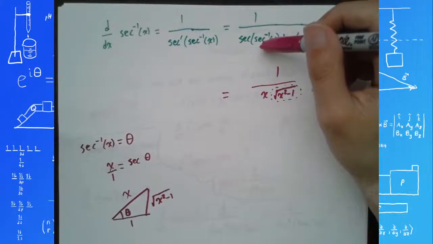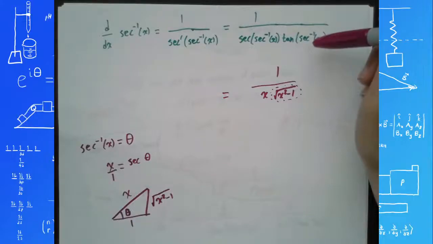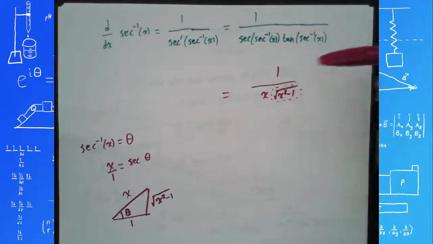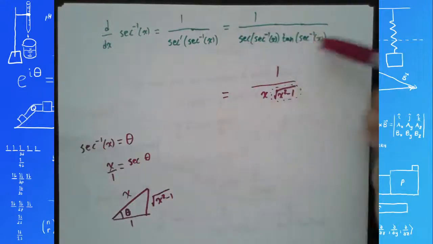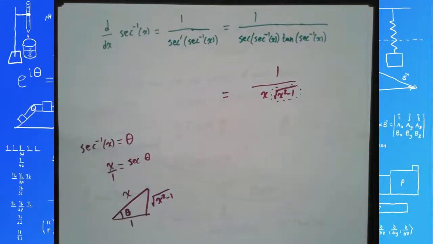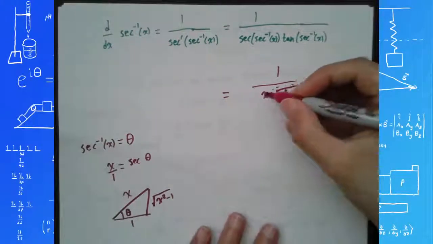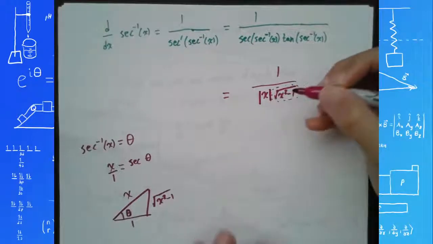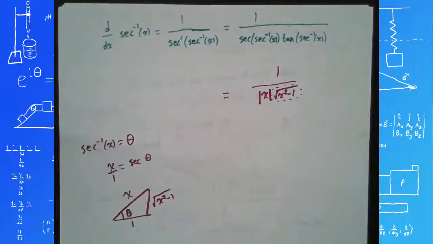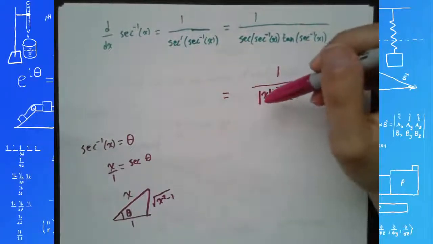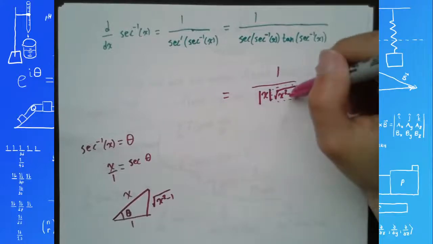But tangent of anything from pi over 2 to pi would also be negative, so you'd get a negative times a negative, which is a positive, and then from 0 to pi over 2, both the secant and the tangent would be positive. Okay, so that's why the absolute value bars are there. Because when you multiply these, you have to get a positive.